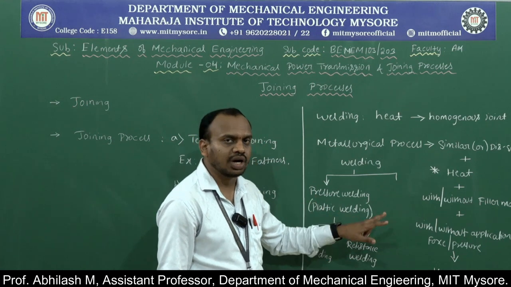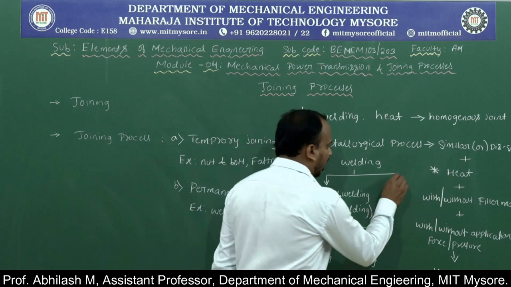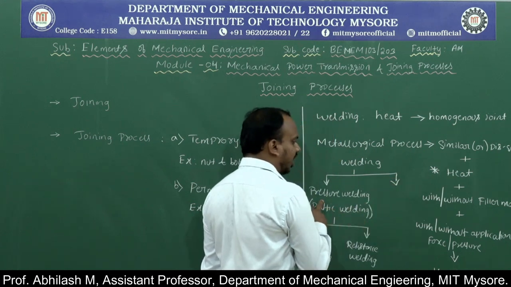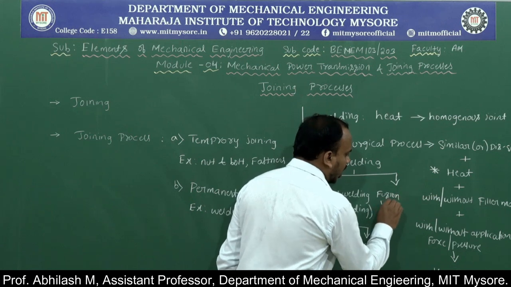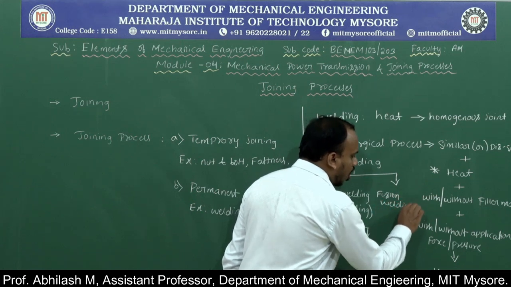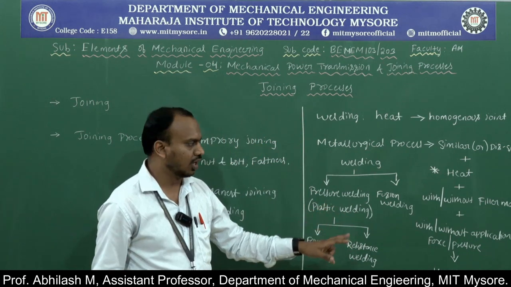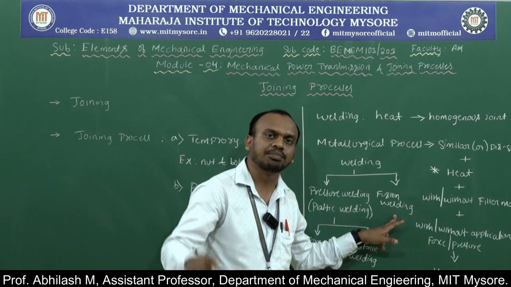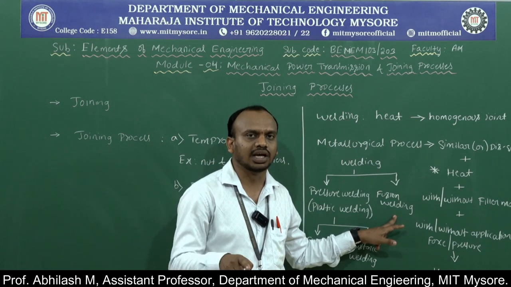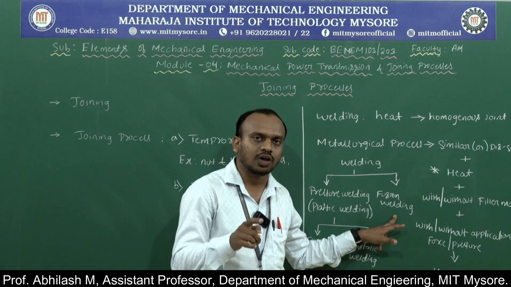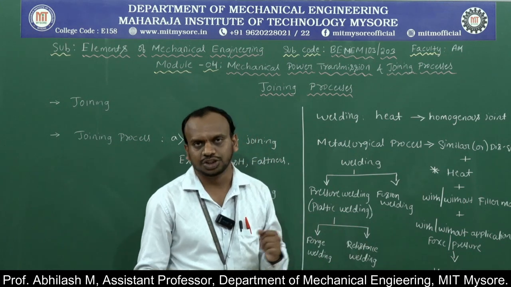The other type of welding process we are going to call fusion welding. So the first one is called pressure welding, the other one is called fusion welding, or also non-pressure welding. We are not going to apply pressure. We are going to heat the material up to its molten state, and then with the help of a filler material we are going to allow the material to cool in order to solidify and then produce a joint.